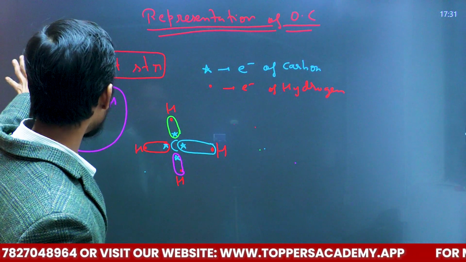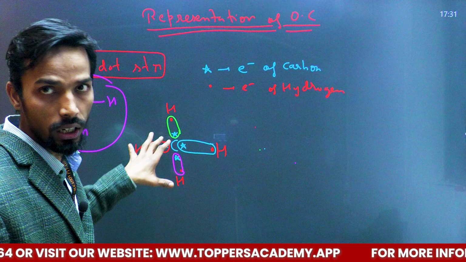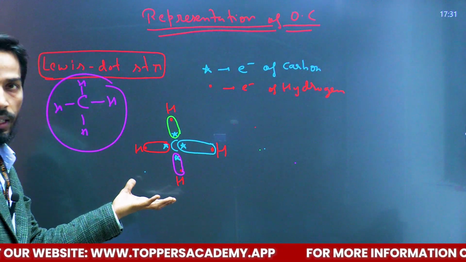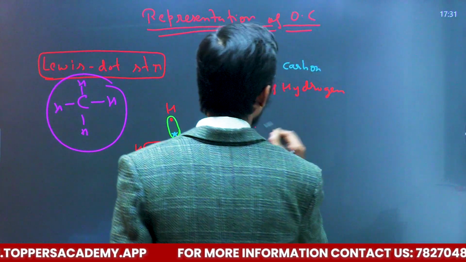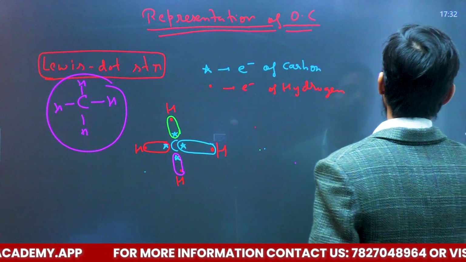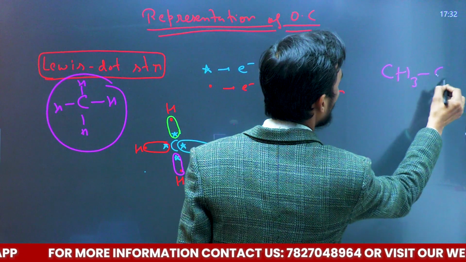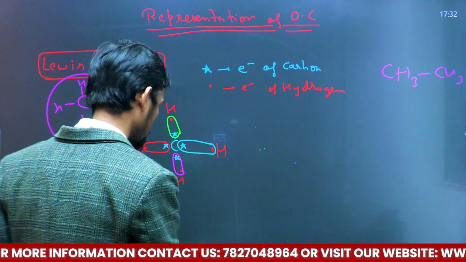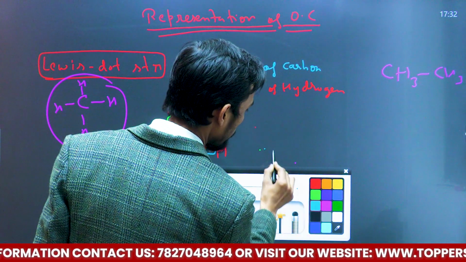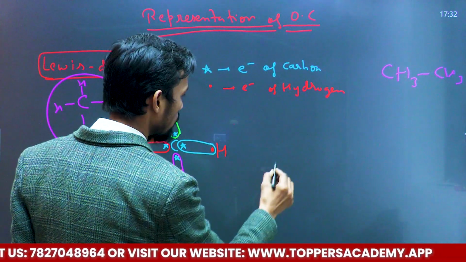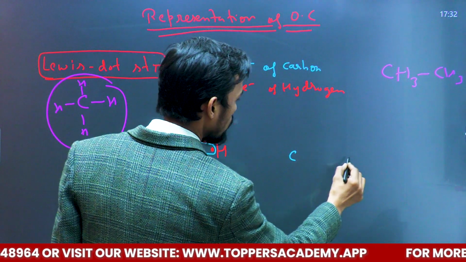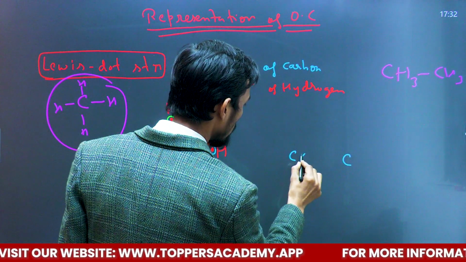In this point we are going to discuss the Lewis dot structure. So the Lewis dot structure is represented like this. If we have the ethane compound, which means CH3 single bond CH3, it will be represented like this: we have one carbon, and another carbon.